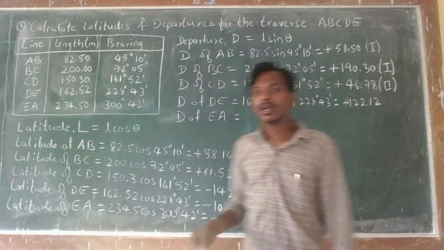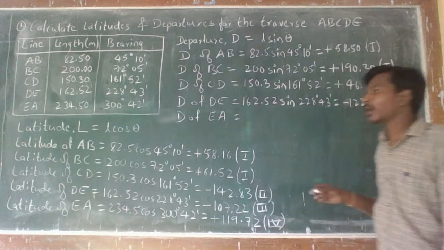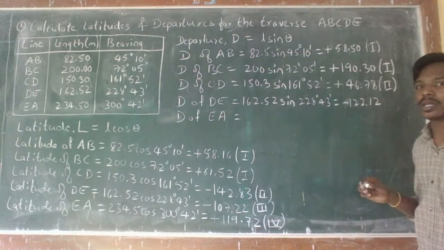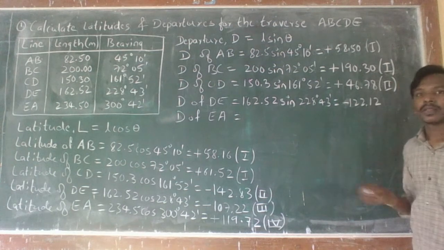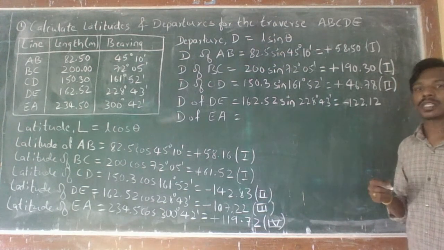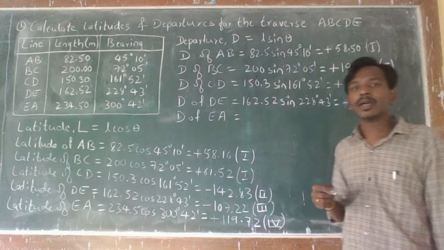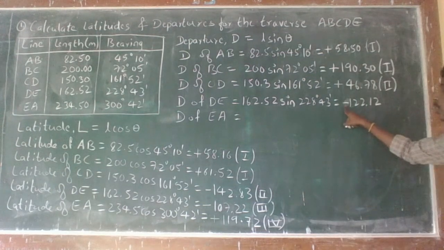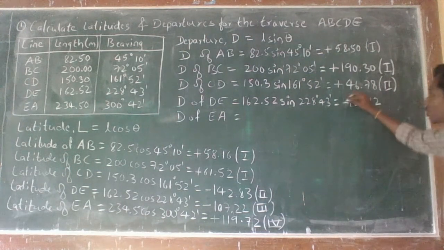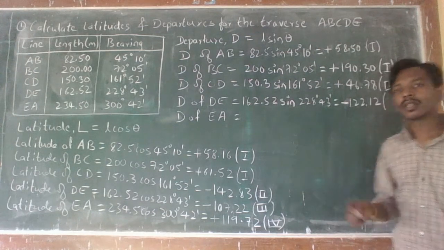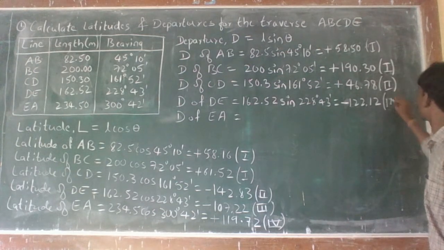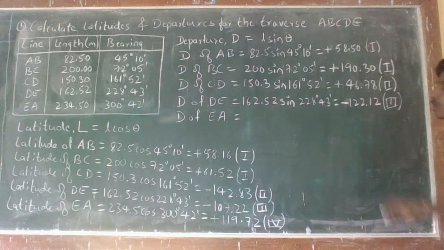Always in the third quadrant the departures of any line will run towards west or left side. So if it is towards left, then we have to take the sign minus. So already we got minus in the calculator, so don't change it, keep minus. So write the quadrant. So 228 degrees comes in third quadrant, so mention here third quadrant.